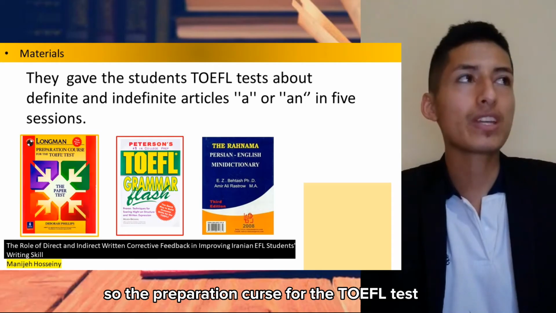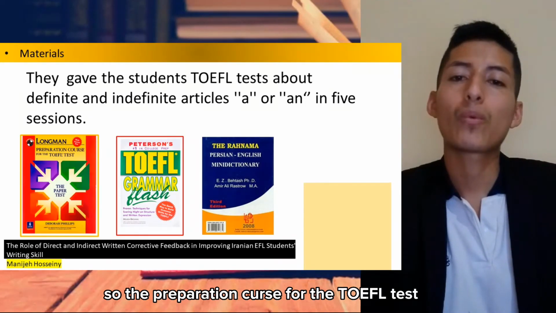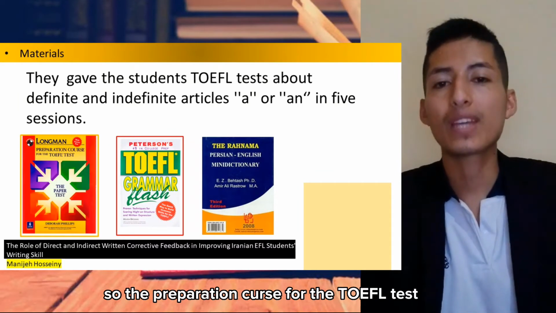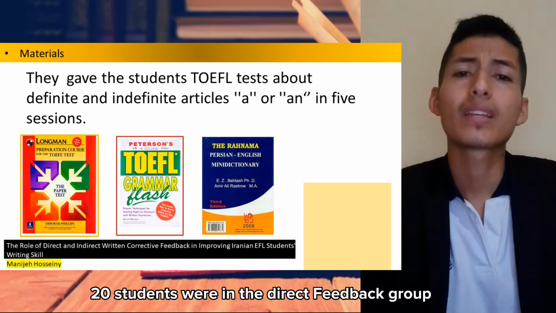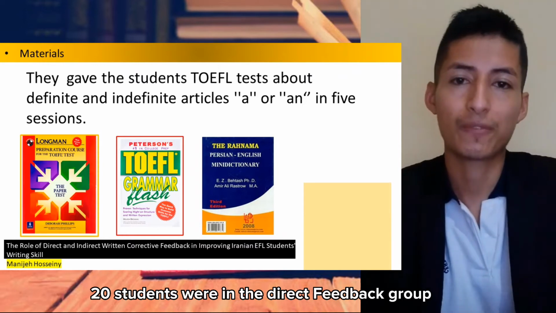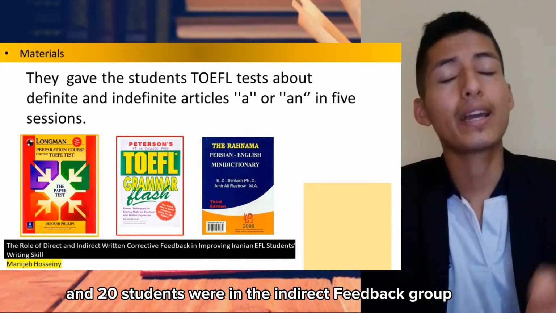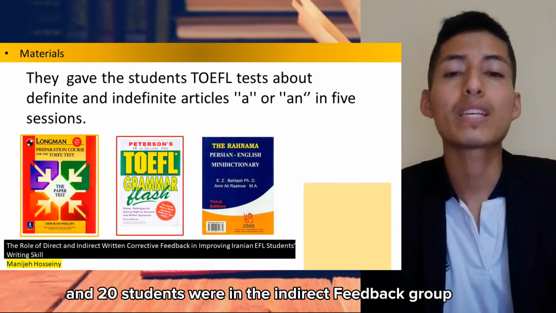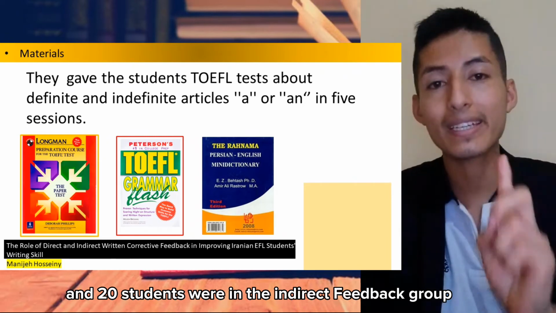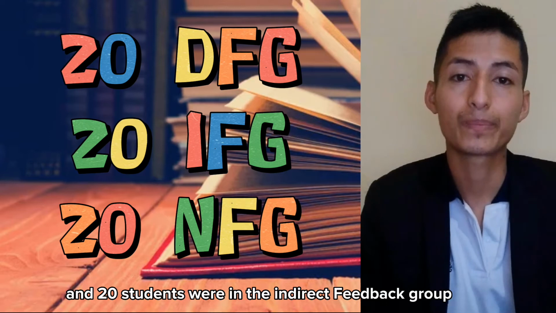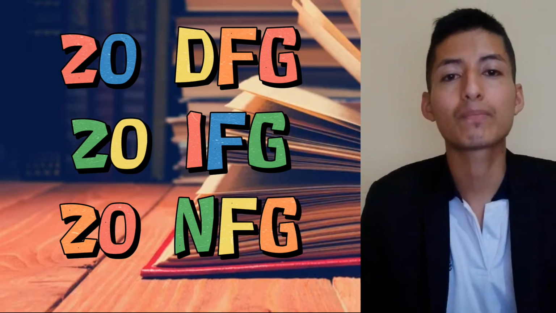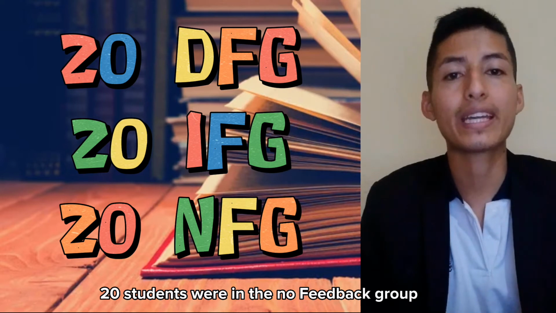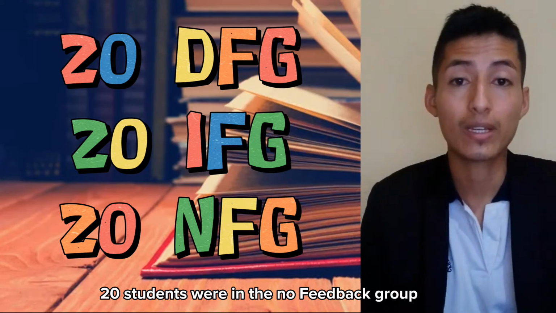In the preparation course for the test, 20 students were in the direct feedback group, 20 students were in the indirect feedback group, and finally, 20 students were in the no feedback group.